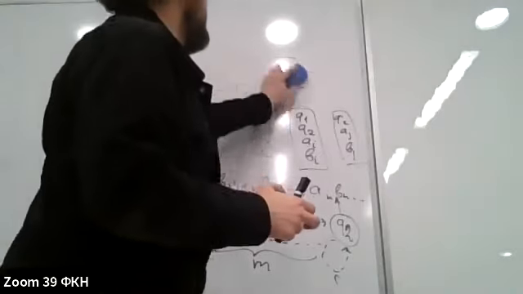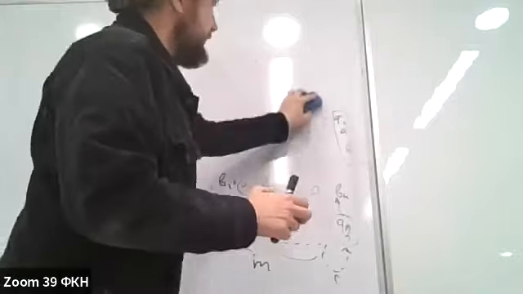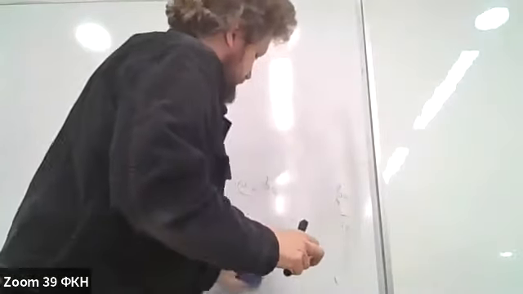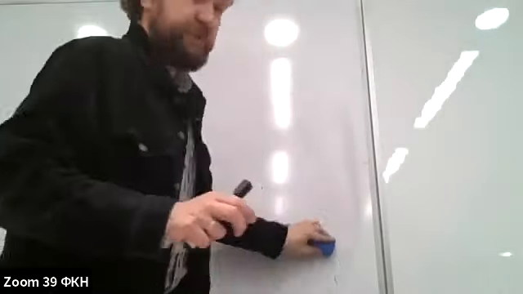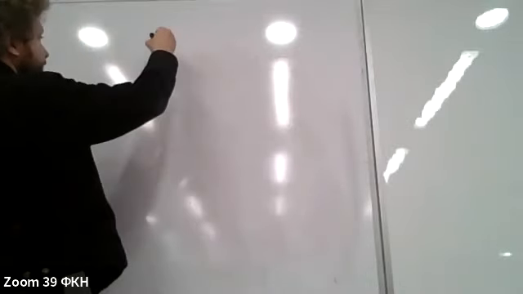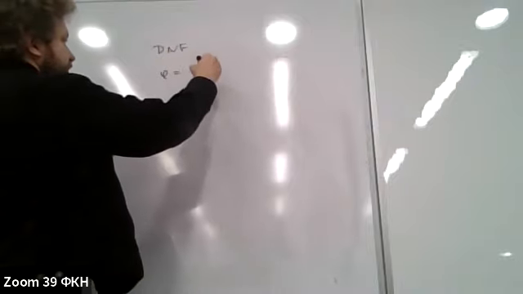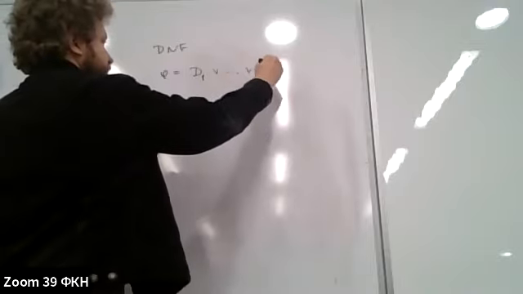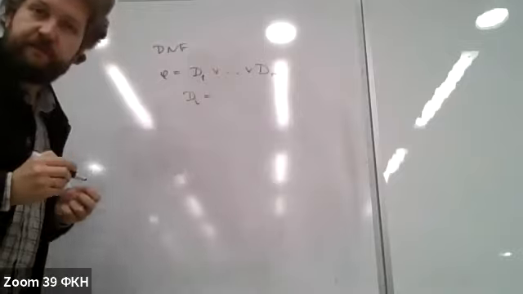Let me write it down. So what is a DNF? A DNF is a formula which is a big disjunction of some clauses, and each Di is a conjunction.